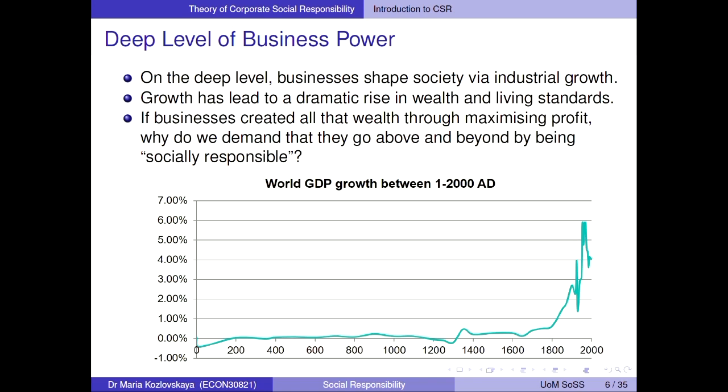For a very, very long time, GDP growth was around zero, and then suddenly we became much richer, and as a result, healthier and happier, may I say. And this was due to business power, due to businesses transforming our society.